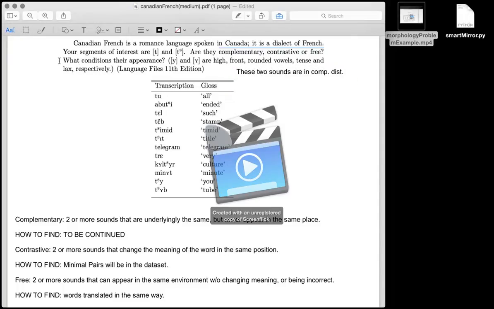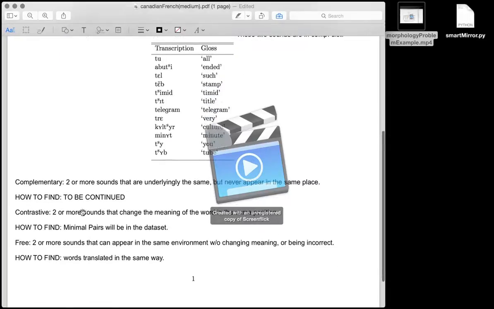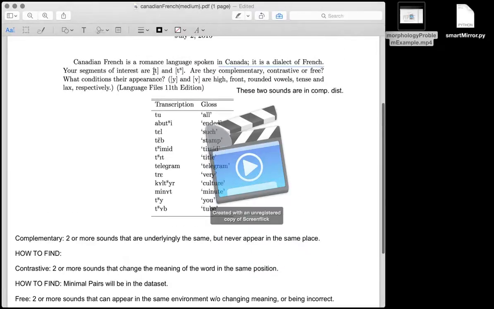Now, this is where the tricky part will come in, and it says what conditions their appearance. So now you are going to be doing the part of the how to find for complementary sounds, right? We're going to now fill in this to be continued, okay? And we're going to write in a formal rule that will show us when the sound ta occurs and when the sound cha occurs.